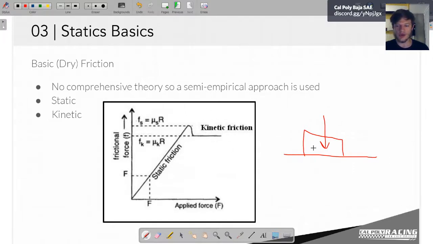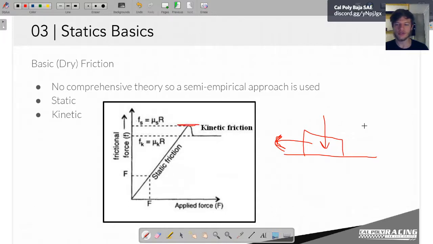The first type is static friction, which is when you have something sitting still and you're trying to move it, but it's not currently moving. Static friction just has this one constant. You're going to have to keep applying force, and it won't move until you get to some threshold.